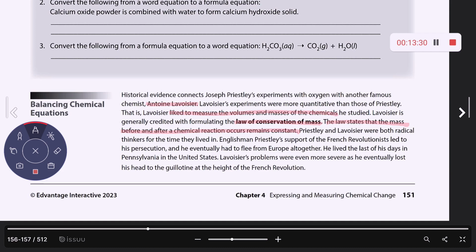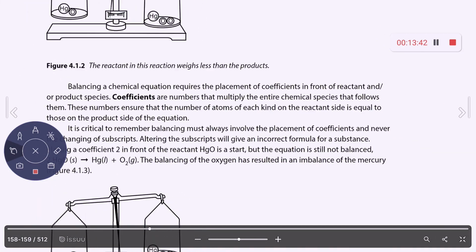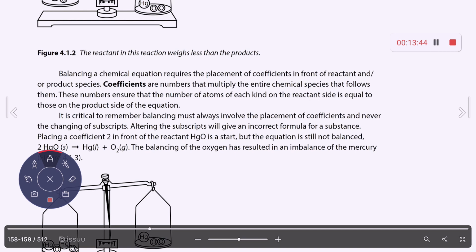So let's go to the next page. What we're going to do is place coefficients in front of the different chemical formulas that we have, and they will be whole numbers. Those whole numbers will get distributed to whatever is in the chemical formula after them to make sure that the number of atoms of each reactant is the same as the numbers on the product side.